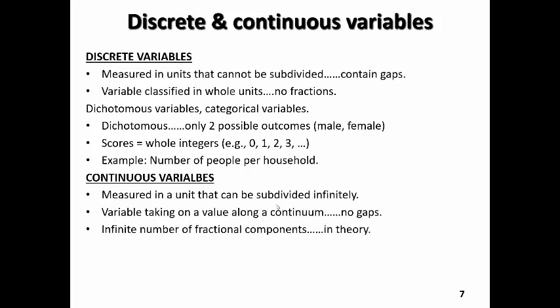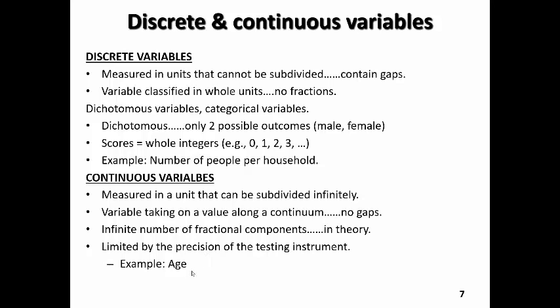So coming back to our continuous variables, in theory, now again, this is just in theory, these are variables that have an infinite number of fractional components. Now, of course, we know in reality that's not true when we apply it to an actual testing or measurement instrument. And as such, the numerical value taken along a particular testing instrument is limited by the precision of the instrument.